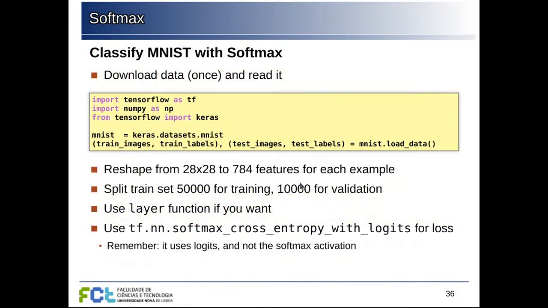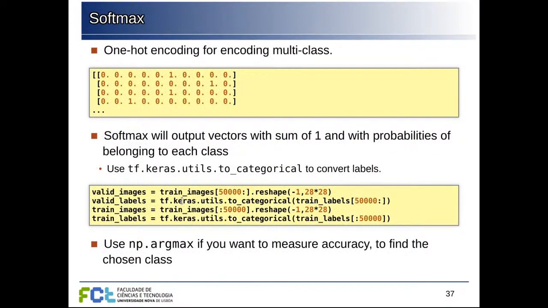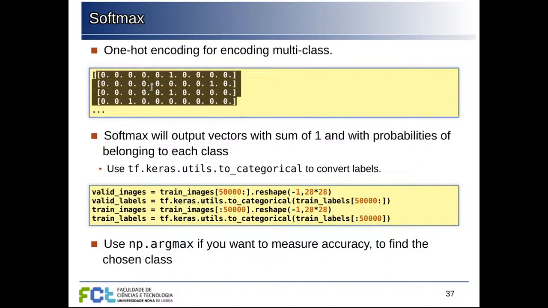These original labels that we have here are just integers between 0 and 9 to indicate which is the label for the digit. But you can use this function here from Keras utils, to categorical, which converts these integers into this one-hot encoding.